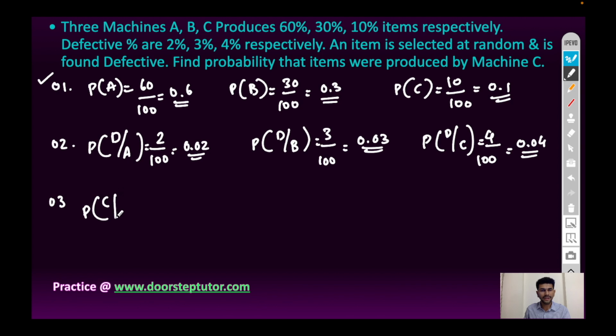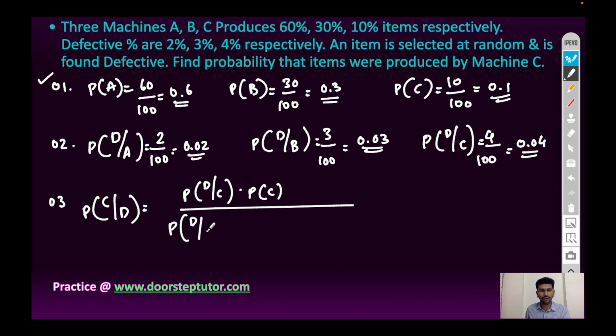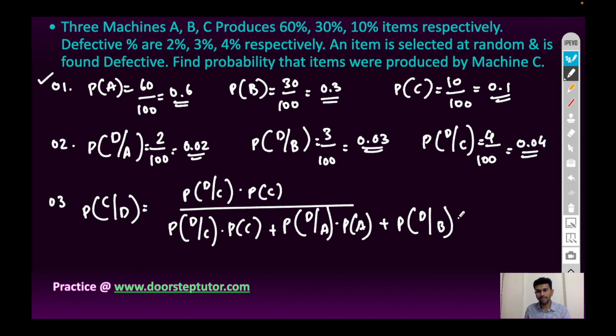Probability of C given defective item D. So our formula is the probability of defective item out of C into the probability of machine C, divided by the probability of D out of C into the probability of C, plus the probability of D out of A into the probability of A, plus the probability of defective out of machine B into the probability of B. We have all the amounts, we only have to put in the figures.